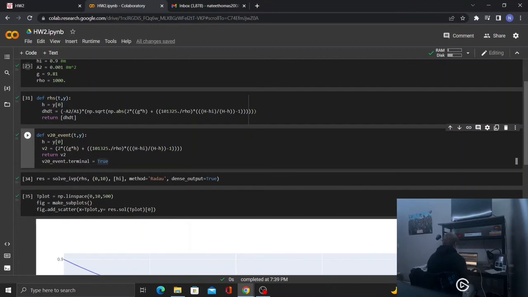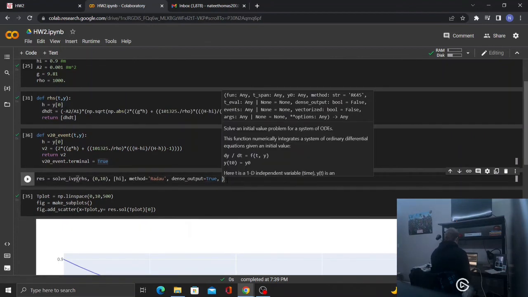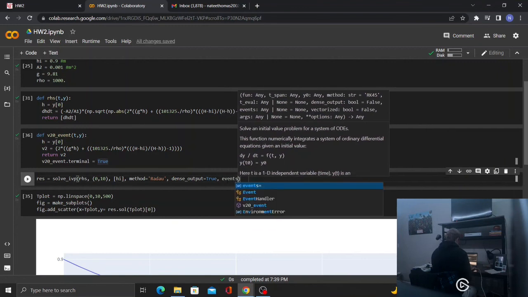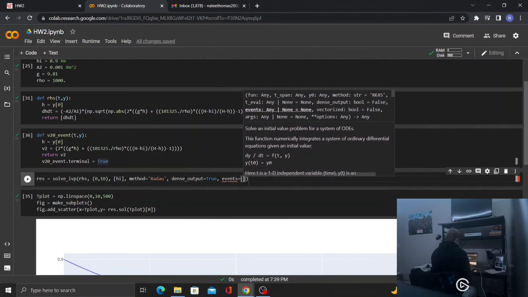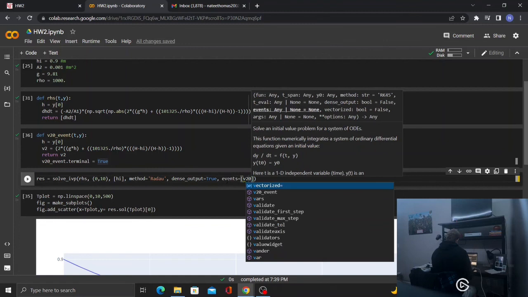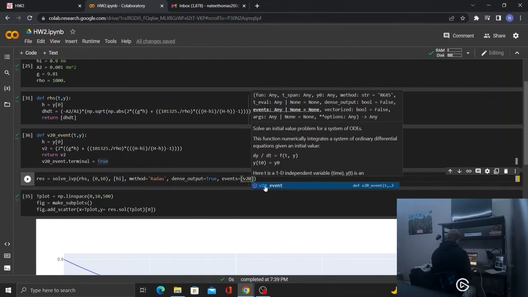Yep. So now we just need to put this event into our solve IVP function. So events will equal our v20 event.